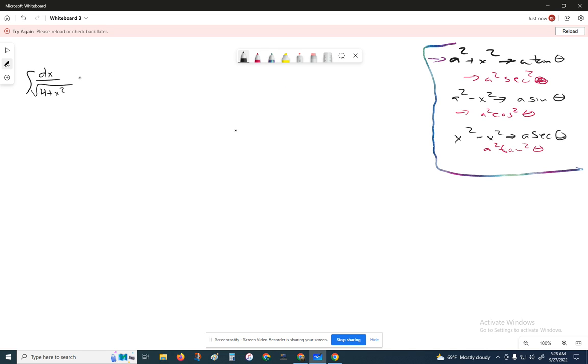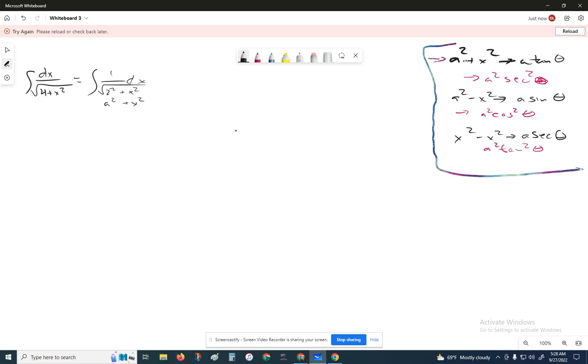So let's rewrite this. I'll put dx over here, and I'm going to put 1 over 2 squared plus x squared. So there's my a. Now I've got an a squared plus an x squared.